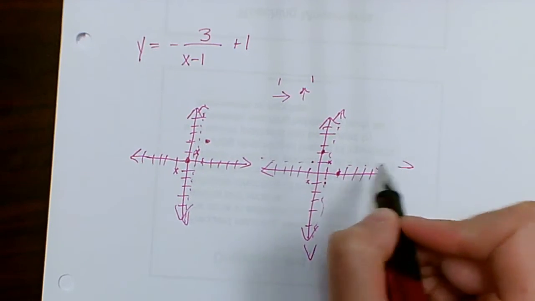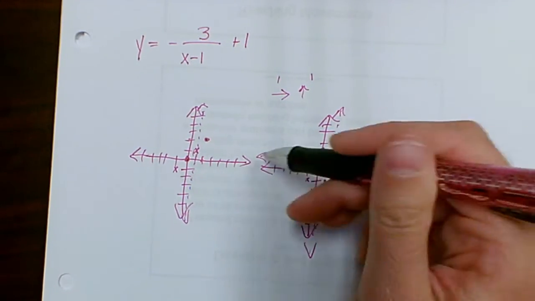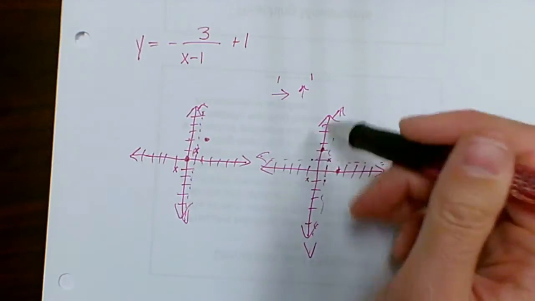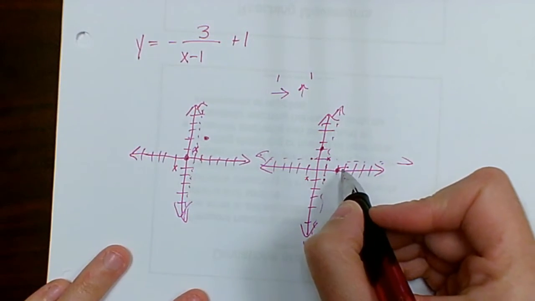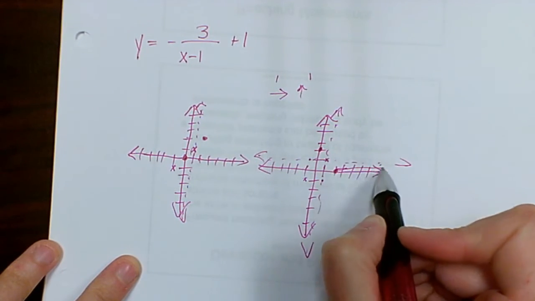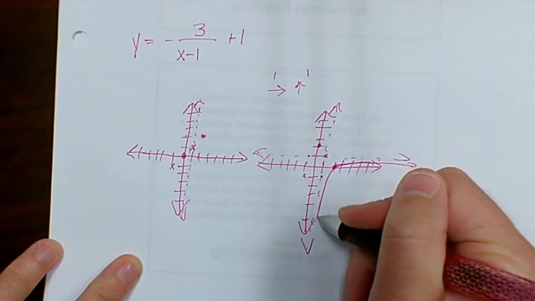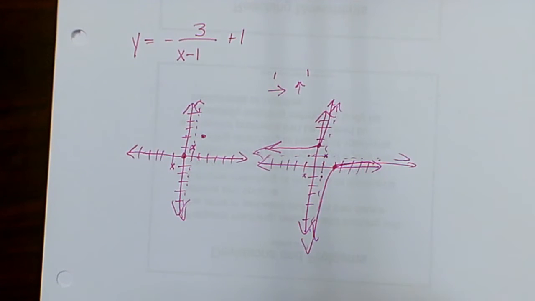Reflecting and then moving. So we will have our asymptotes at 1 and 1. And then since this is a 3, we will shrink our graph. So they will actually be a little fatter, which is harder to show.